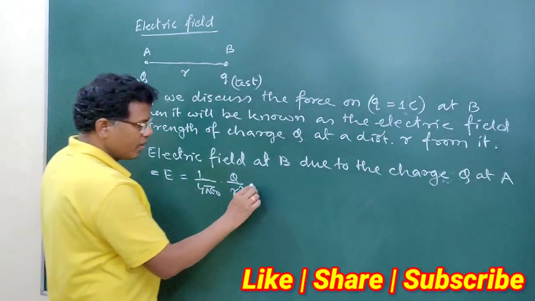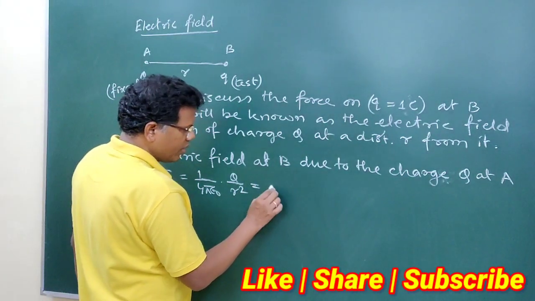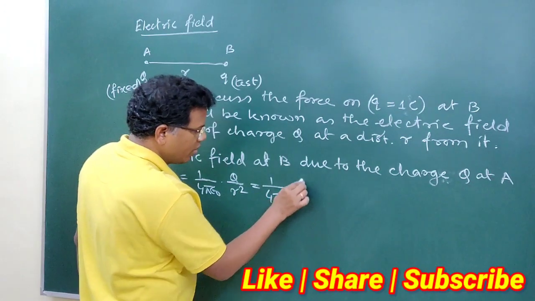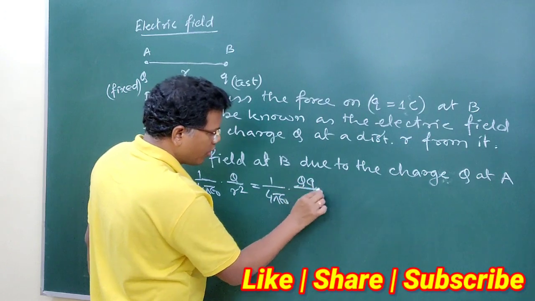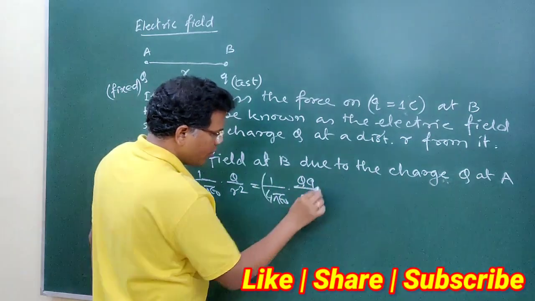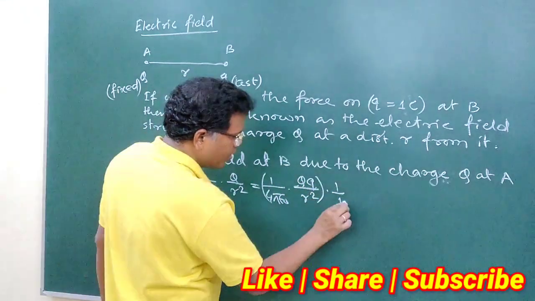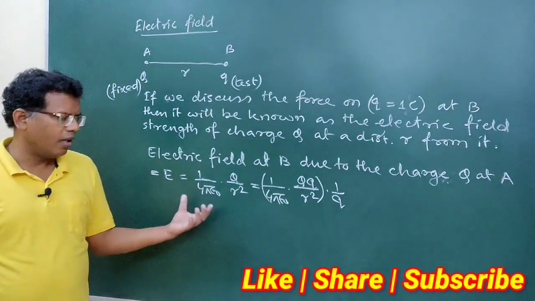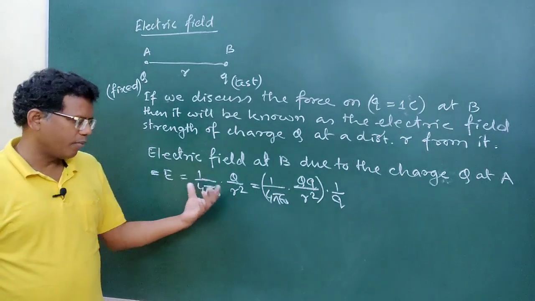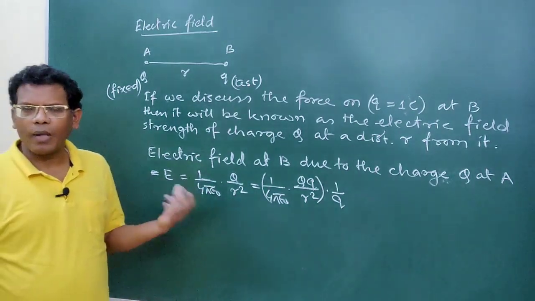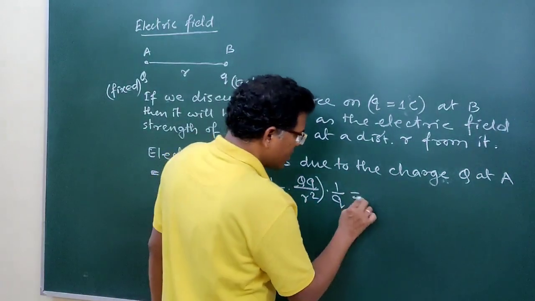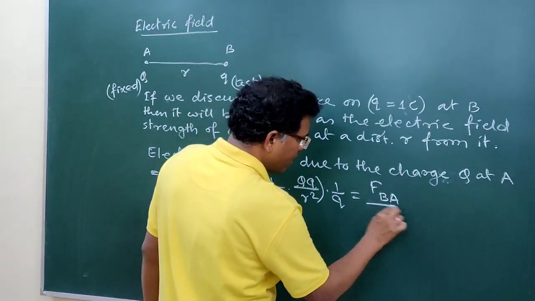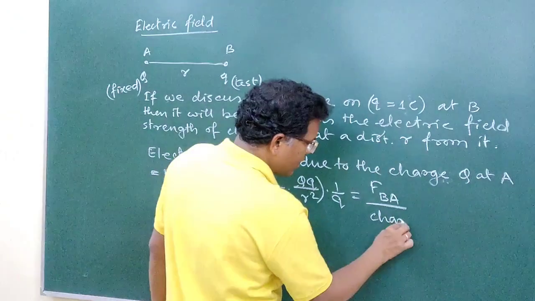That means you can write this as 1 by 4 pi epsilon naught, capital Q into small q by R square, into 1 by small q. So if you cancel small q, you remain with the primary equation, provided we are discussing it on a +1 test charge. So that means this is nothing other than the force at B due to A divided by the charge at B.